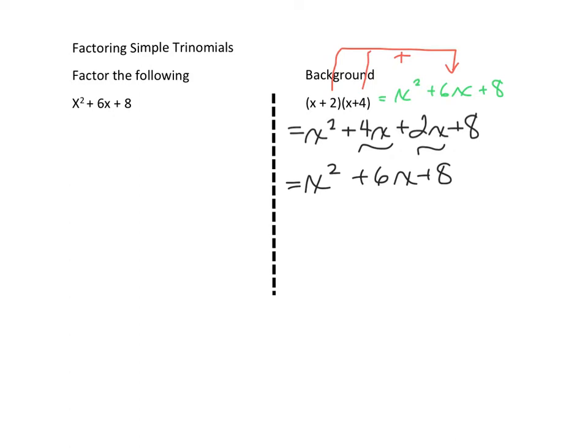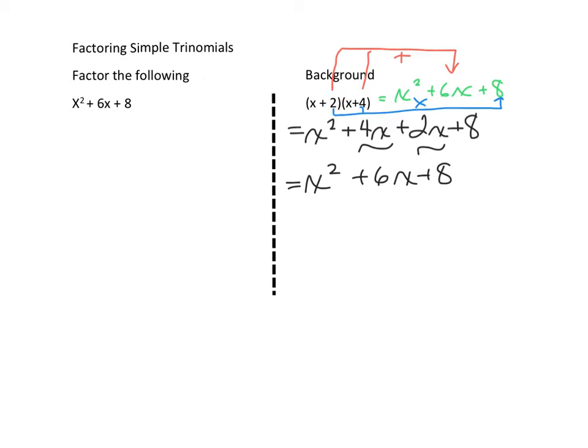And if I look at the 2 and the 4, those two multiply to give me the 8. So if I want to go backwards, I just need to find two numbers that multiply to 8 and add to 6, and then put them in the original form right here.